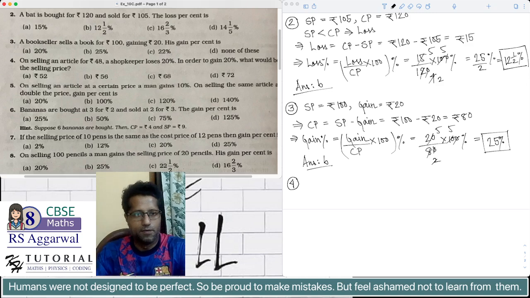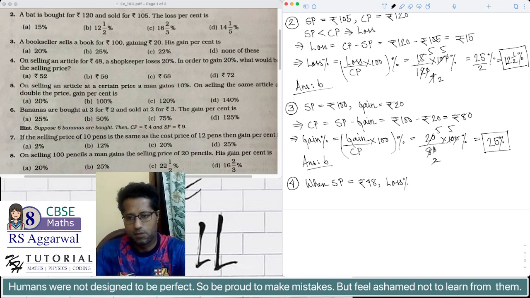Okay, so it is given that when the selling price is rupees 48, there is a loss, and the loss percent is given to be 20%.